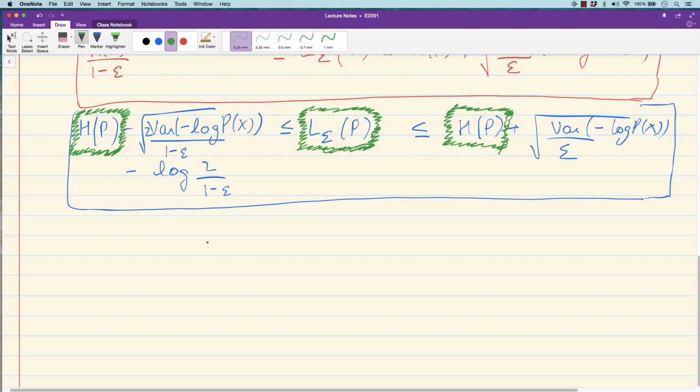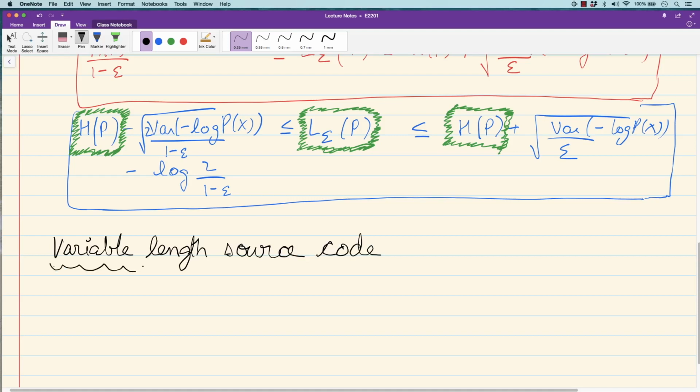So till now we have only seen fixed length codes. Now, what I want to talk about for the remaining part of this lecture is this other paradigm of variable length source code. A variable length source code also has an encoder mapping E, but this mapping now doesn't produce a binary sequence of fixed length.